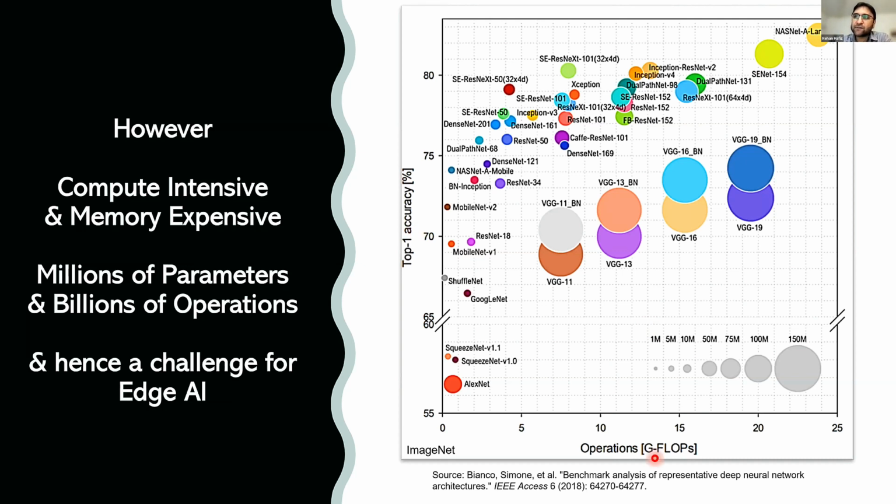The size of the circle indicates the size of the model, by which we mean the number of learnable parameters in that model. What we observe is that even though there have been a lot of advancements in the way we design deep neural networks, the networks with higher accuracy still tend to have a higher model size.